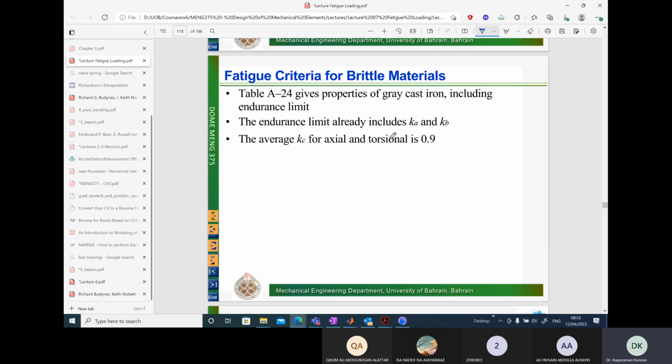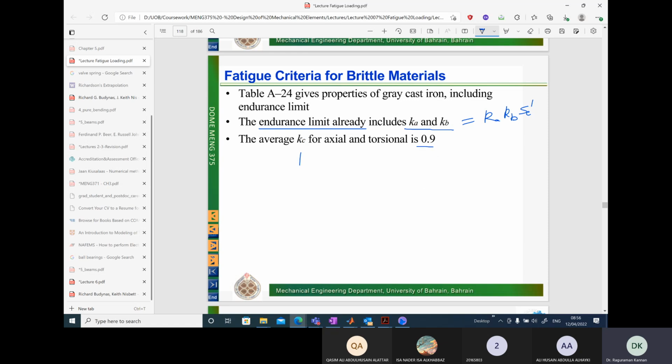Again, you are given here some points. The endurance limit, whatever is listed in the table, includes Ka and Kb values for gray cast iron. So whatever endurance limit you are given, that will be Ka times Kb times Se prime. That value is given, and the Kc value for axial and torsional loading is taken to be 0.9.